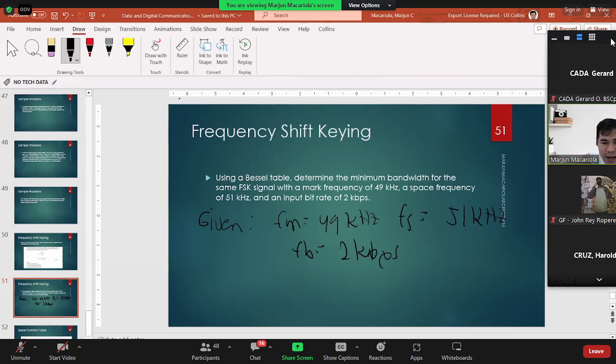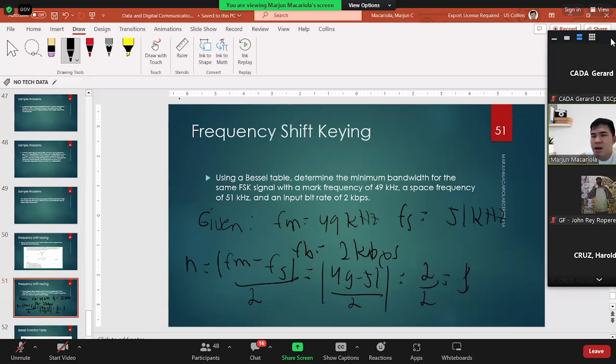Okay? So again, we need to calculate H. So H is equal to the absolute value of Fs minus Fm over Fb. Okay? So this is equal to 49 minus 51 over 2. So this is 2 over 2, which is equal to 1.